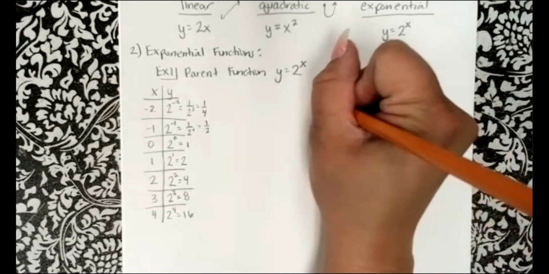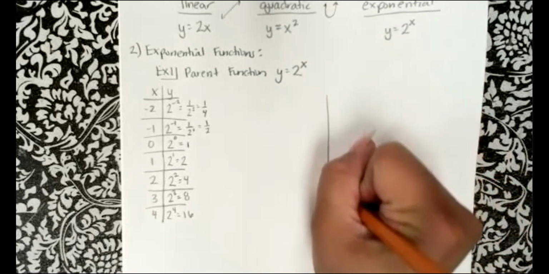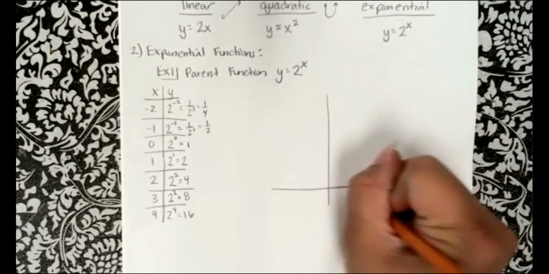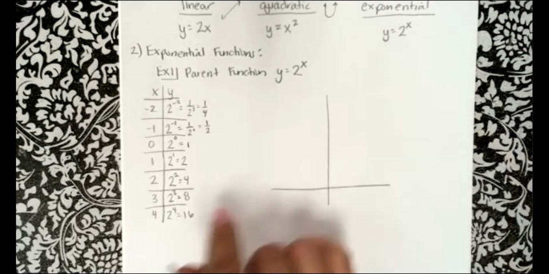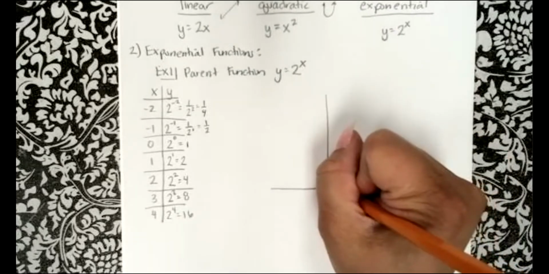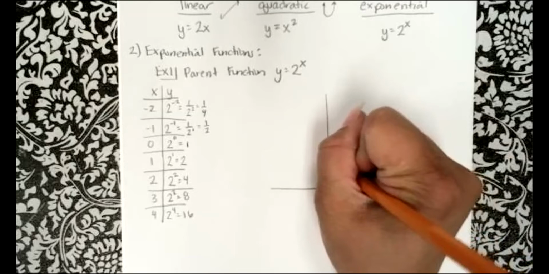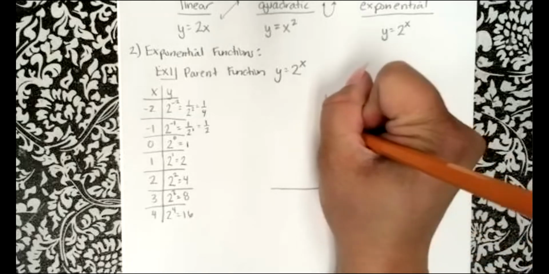I'm going to go ahead and graph these points. Let's make sure we go up to 8. 1, 2, 3, 4, 5, 6, 7, 8.